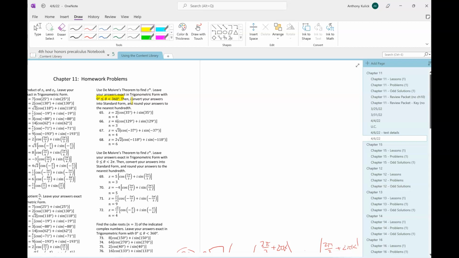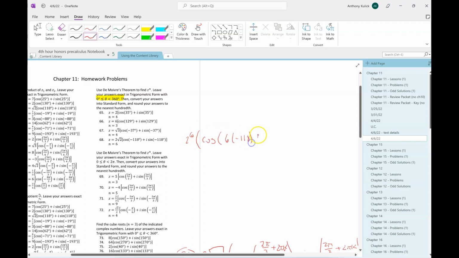Okay. Anybody else? Did you do 68? Sure. So De Moivre's theorem, I'm going to have 2 to the 6th, cosine 6 times negative 118 plus i sine 6 times negative 118. 2 to the 6th is 64. 6 times 118 is 708.